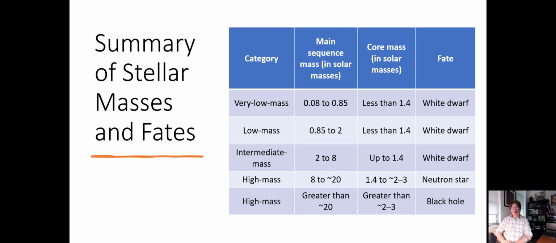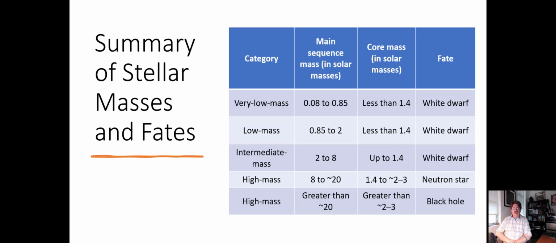Here is a table which describes the end stages, or the corpses if you want to get morbid, in relation to mass. Because most stars are low to intermediate mass, most of these remnants are white dwarfs.